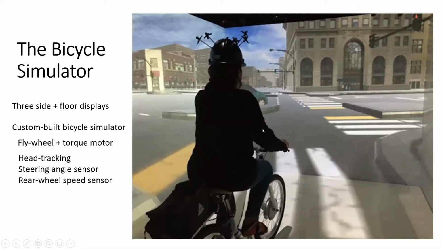Head tracking is done by cameras mounted on top of the cave, and there is a sensor mounted on the bike, so that the visual angles are adjusted according to the image displayed. When the bicycle moves, it looks as if riding in the real world, except we are doing it in a virtual simulator.